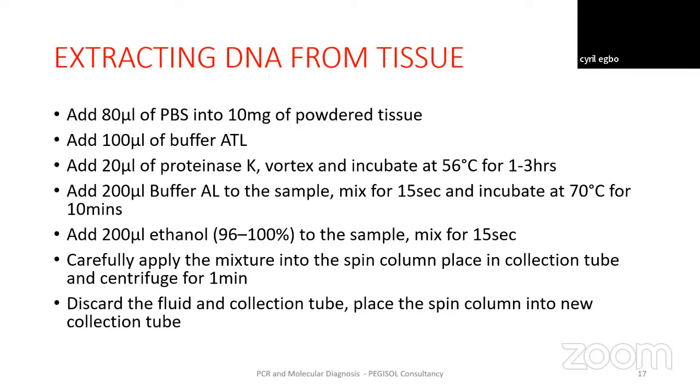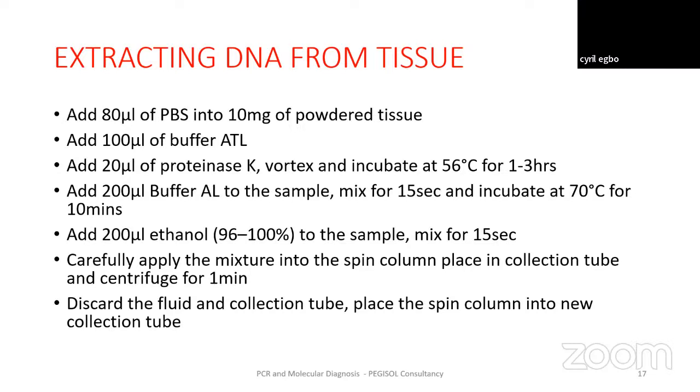PBS that is there. Then after which you now add 200 microliter of buffer AL. Remember this one is still the same process as in the case of the blood. Then you mix for 15 seconds and incubate at 70 degrees for 10 minutes.